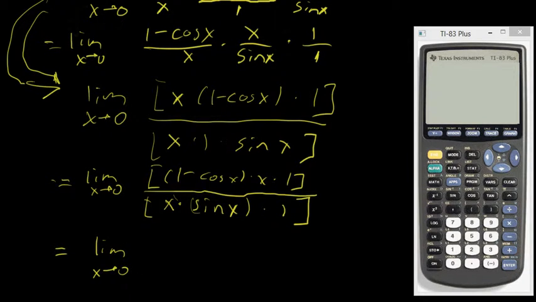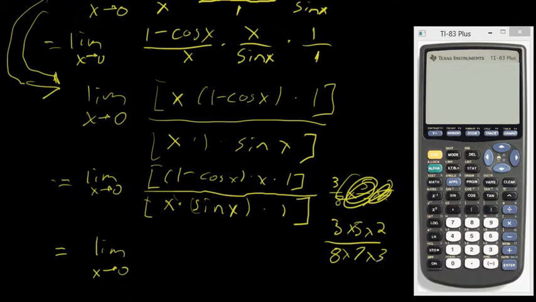So now we can split these up into 3 fractions multiplied by one another. This is no different than splitting up 3 times 5 times 2 divided by 8 times 7 times 3 into 3/8 times 5/7 times 2/3.